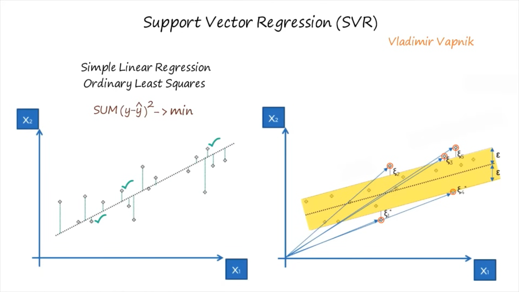Now, here we are trying to minimize the distance between the actual values, which is y, and y hat. So we are taking the difference of each point and squaring them. And here our aim is to minimize this. So that's why we are using this formula.